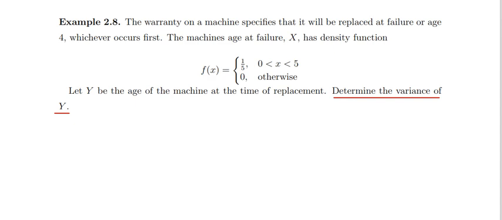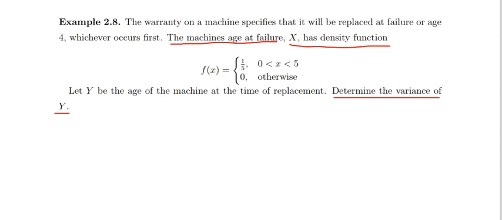So let's say x has this density function, x from 0 to 5. We can say this is the age of this machine, how long this machine can work, maybe from 0 to at most 5 years.